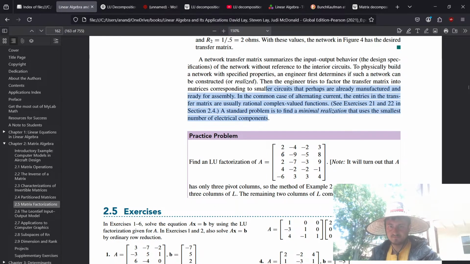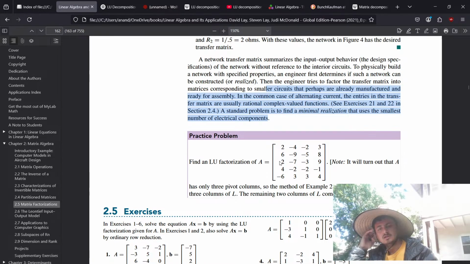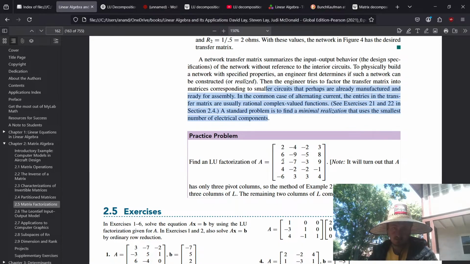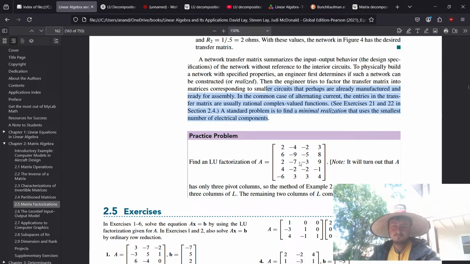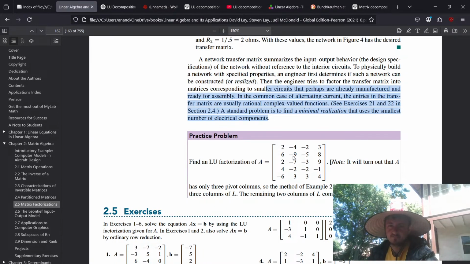So for the first one, it's going to be 6. So 6 minus 2 times x is 3. So we're going to put a 3 there. Then this is going to be 1. Then 2. And then minus 6. This is going to be minus 3. But we need to rewrite the row, right?